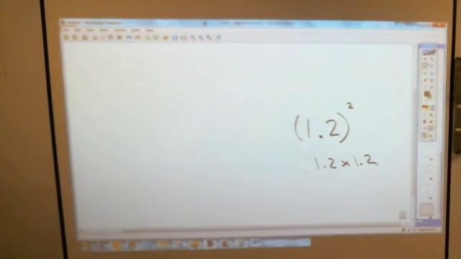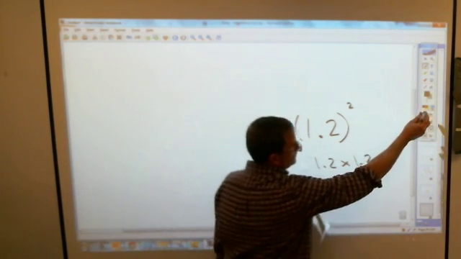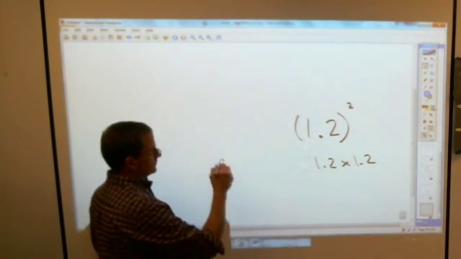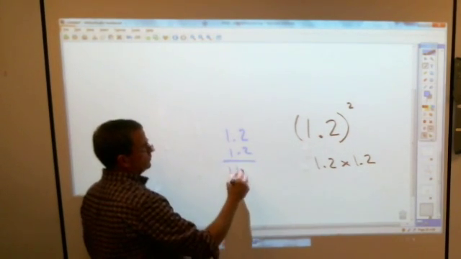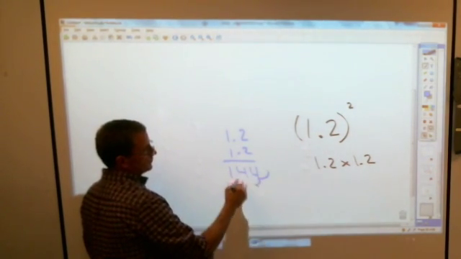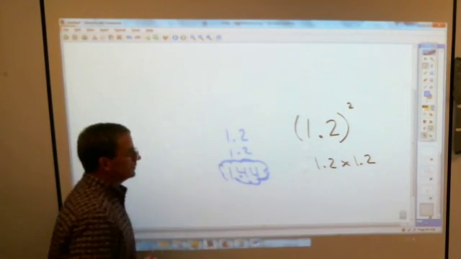What is 1.2 times 1.2? Leah? 1.44. Yep. 1.2 times 1.2. 12 times 12 is 144, 2 decimal places. 1.44.